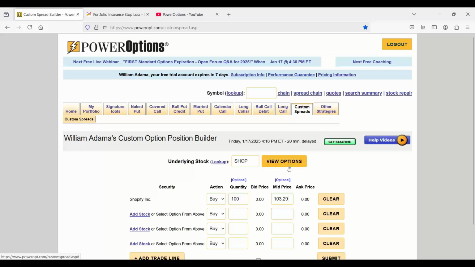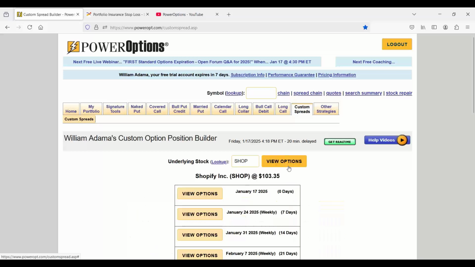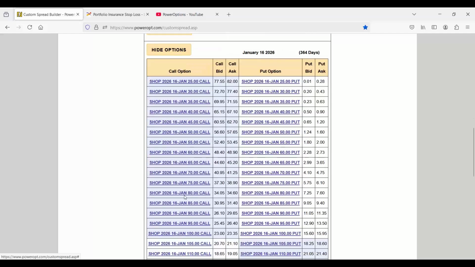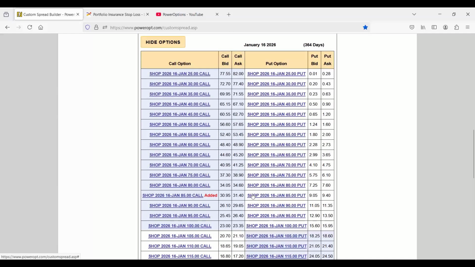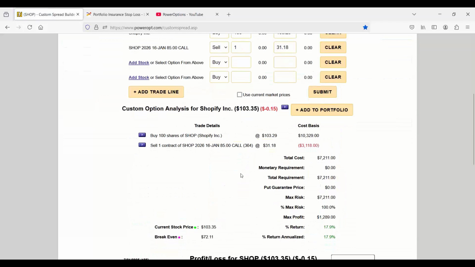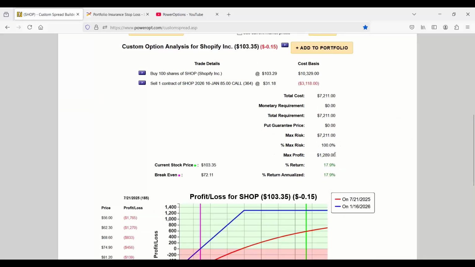That's fine. And we were going to sell the 2026, January 16, 85 call. And our original one showed us the midpoint price of 31.18. All right, so there's that 17.9% return.